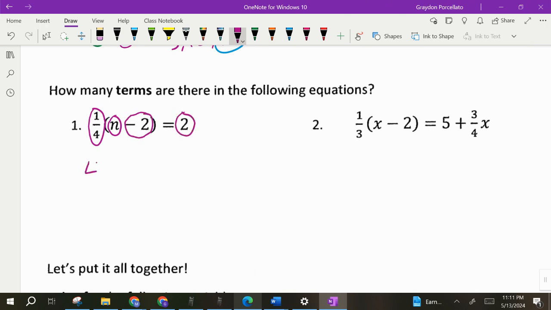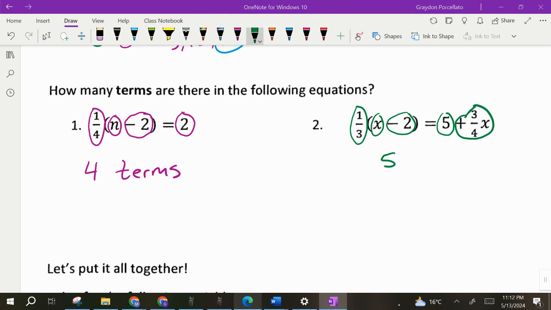So this one has 4 terms. Okay. Let's do the next one. 1 term, 2 terms, 3 terms, 4 terms, 5 terms. 5 terms.